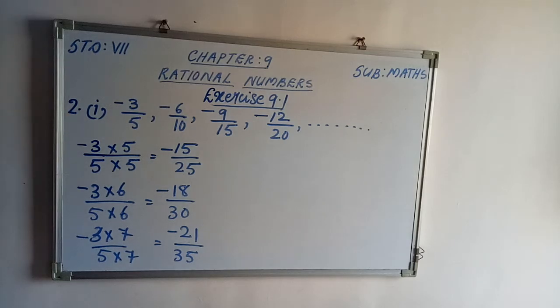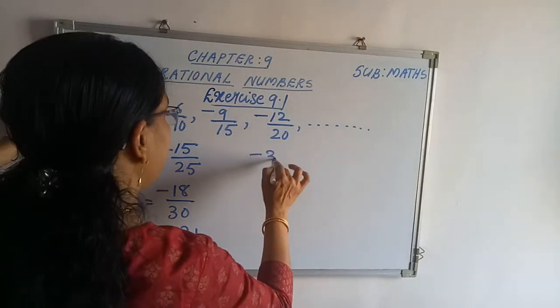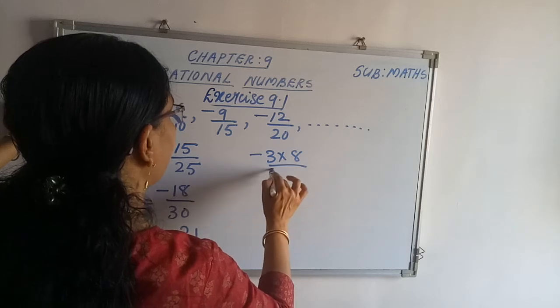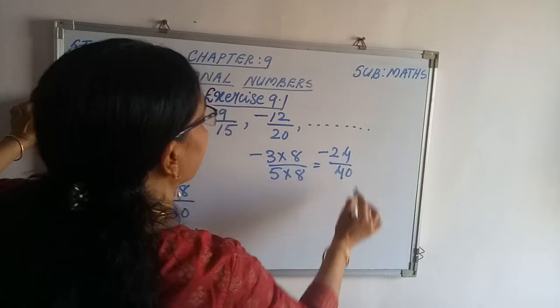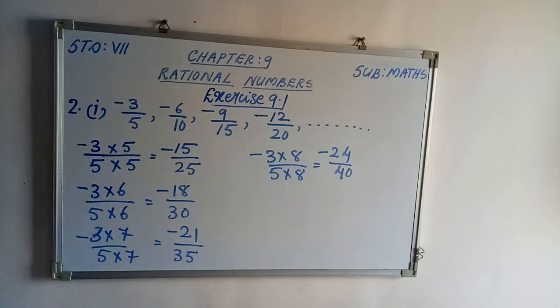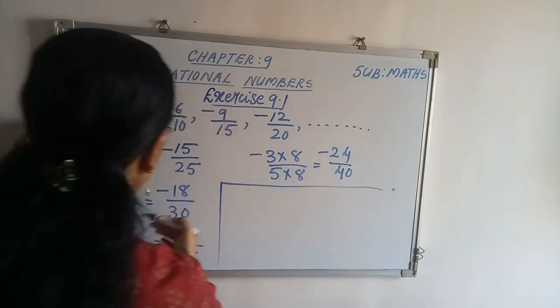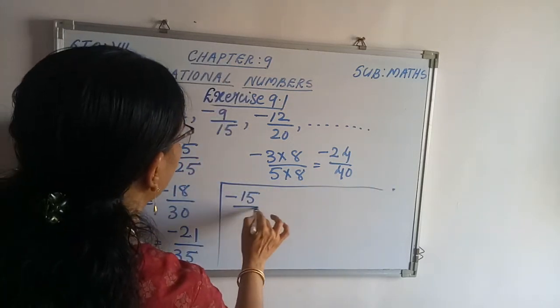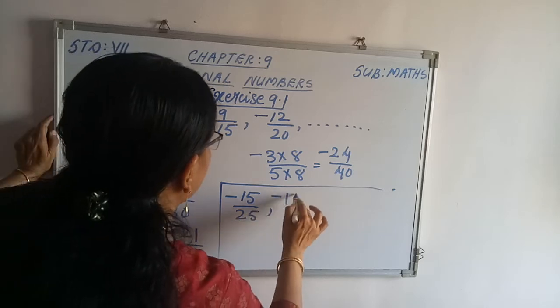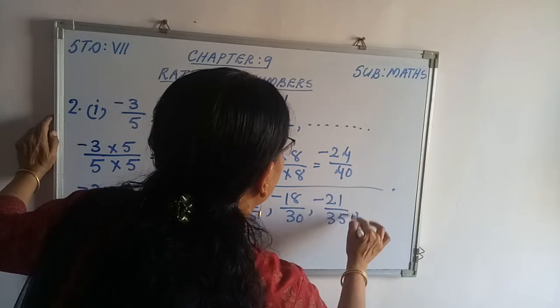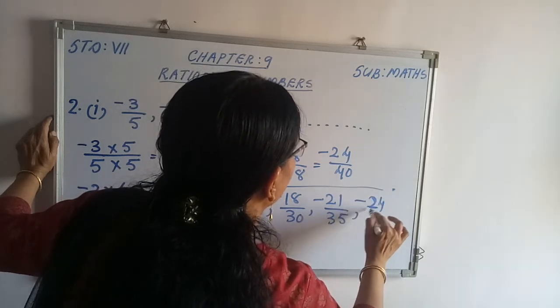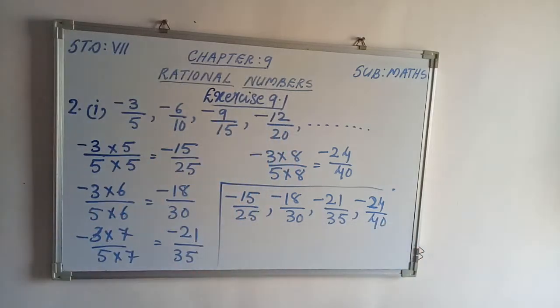So how many do we need? 4. So next we get minus 3 into 8 upon 5 into 8, minus 24 upon 40. So which are the 4 rational numbers in the given pattern? That is, the 4 rational numbers are minus 15 upon 25, minus 18 upon 30, minus 21 upon 35, minus 24 upon 40. These are the 4 rational numbers in the given pattern.